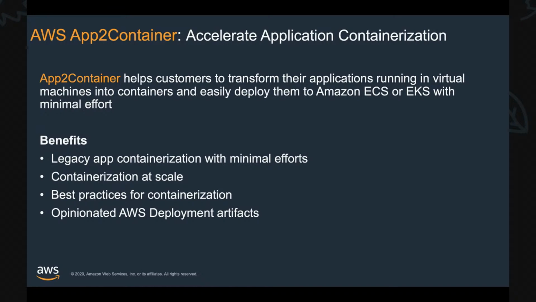As you may already know, Amazon ECS is Elastic Container Service. It's a container scheduling platform, a container clustering platform that we developed. Or you can also deploy your artifacts to EKS, which is Elastic Kubernetes Service. It's a managed Kubernetes cluster solution from AWS.